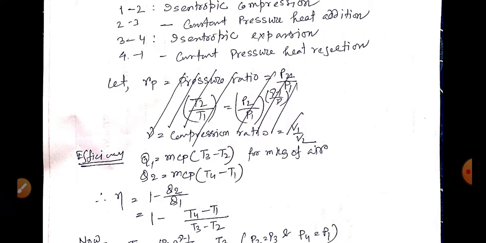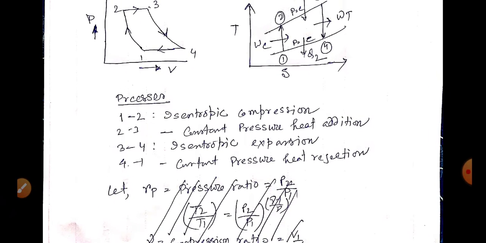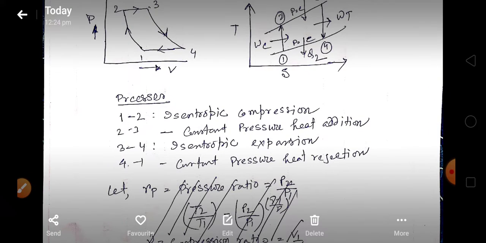So for m kg of air, Q1 is equal to m Cp (T3 minus T2), where Cp is the specific heat at constant pressure. And now Q2 is m Cp (T4 minus T1). This is the heat rejected from that particular system, from the 4 to 1 portion.